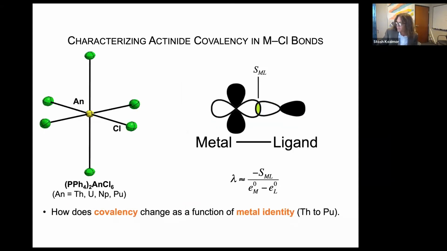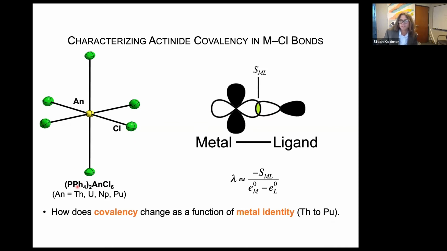There was a little bit of information that I didn't tell you. I'm going to come back to this slide, and I just want you to think about this structure. This is a weird cation, tetraphenylphosphonium. It's a big organic cation, and what we selected it because it's non-interacting. There's like 10 angstroms maybe between the chloride and the carbon associated with the phenyl.